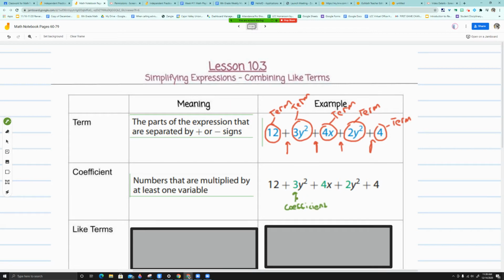It's multiplying against a variable. 4 is a coefficient. It's multiplying against x, right? This is a coefficient. And then the 2 is a coefficient too. It's being multiplied by y as well, y squared.